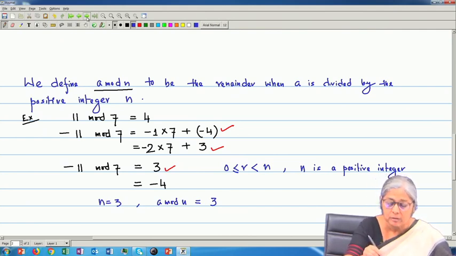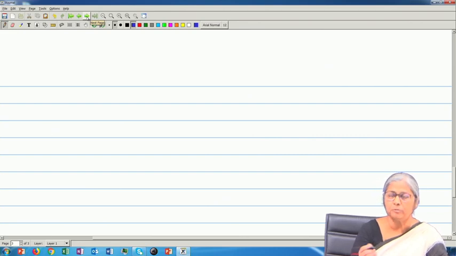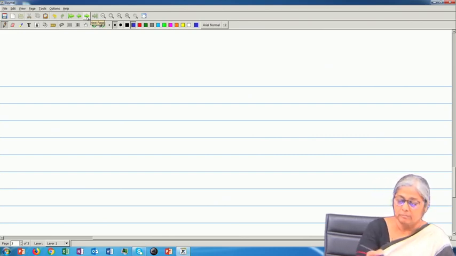Now, all of you know, but again I repeat, sometimes we call them divisors. Normally a divisor is when there will be no remainder.